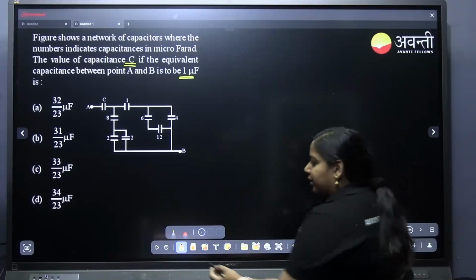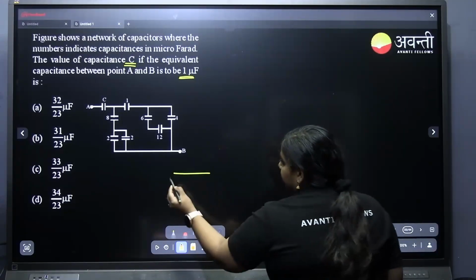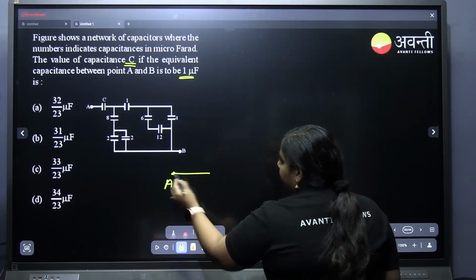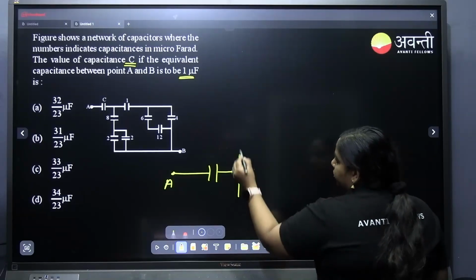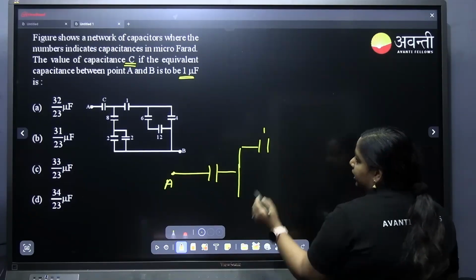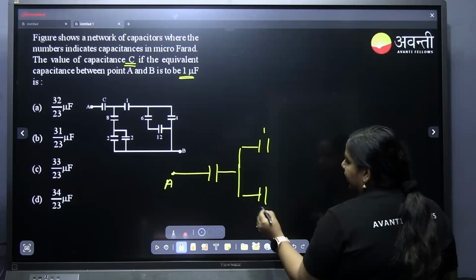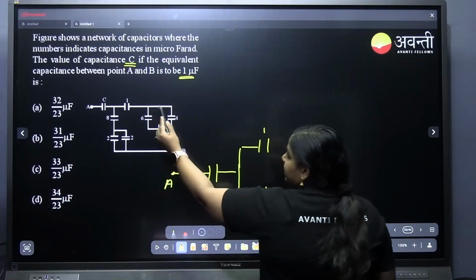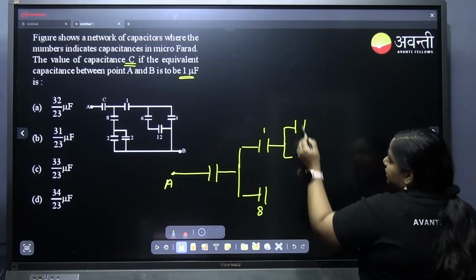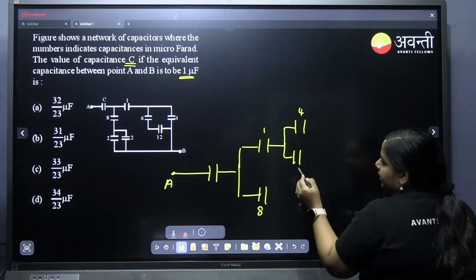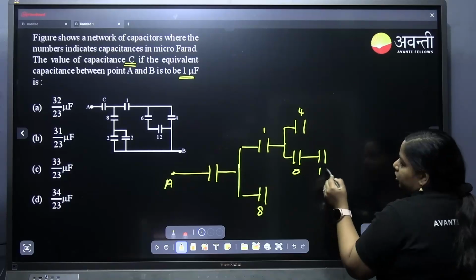Now let's redraw this one. Starting from A, first C is there. Then it is split into 2, first here 1, then here 8. The 1 is then going and splitting into 2. Here it is 4, here it is 6 and 12.